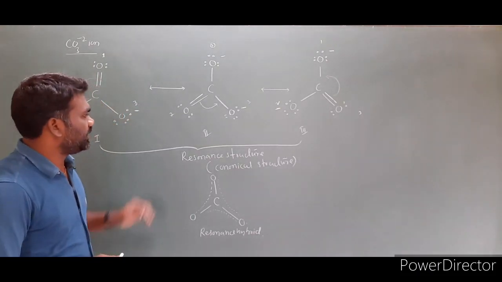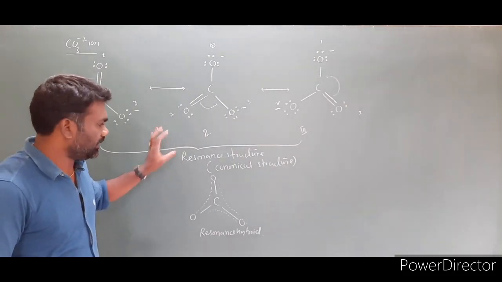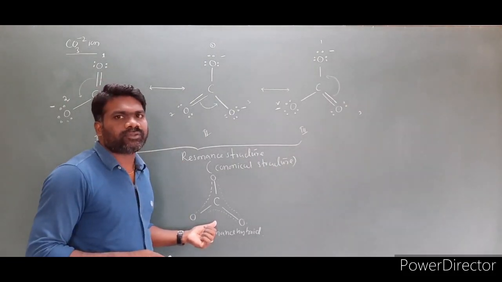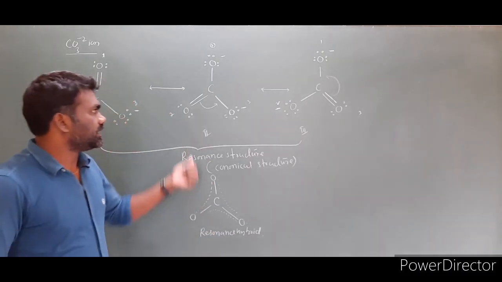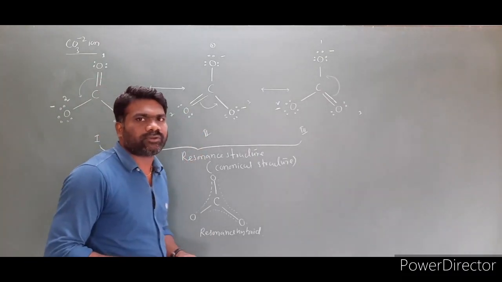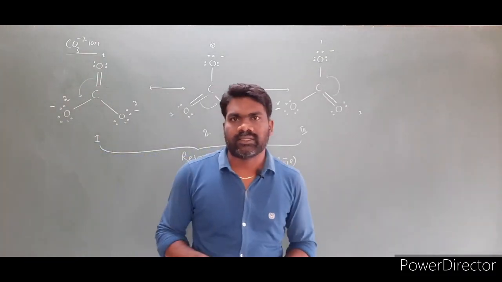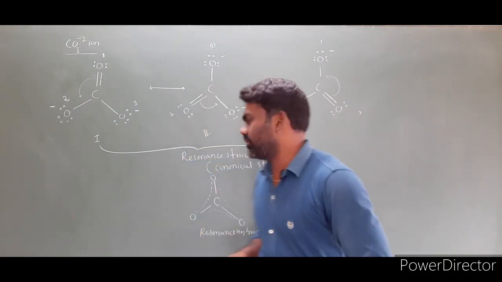One more important point is that the resonance structures have more energy compared to the resonance hybrid, which has less energy. The energy difference between the resonance structures and the resonance hybrid is called the resonance energy. Greater the resonance energy, greater is the stability.